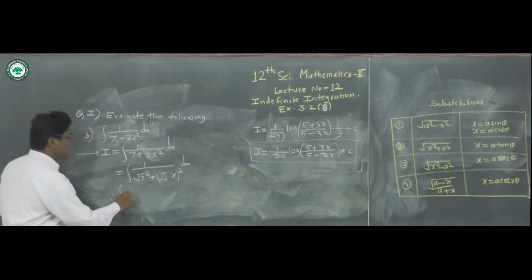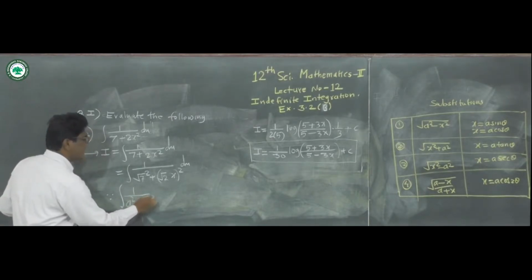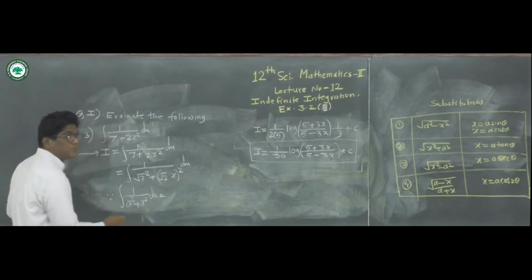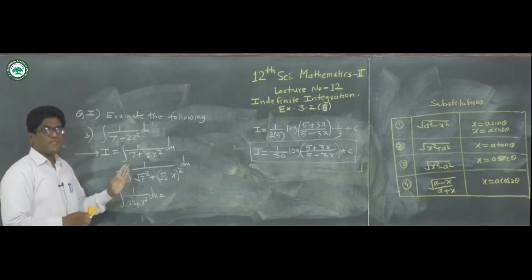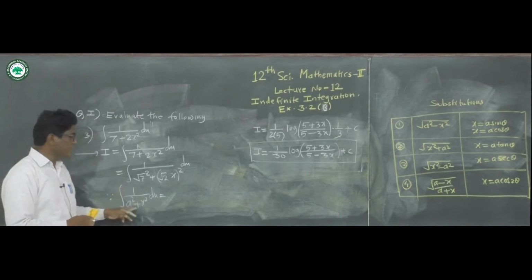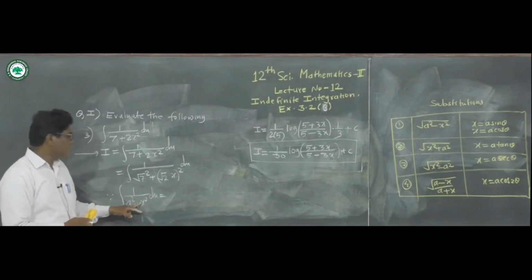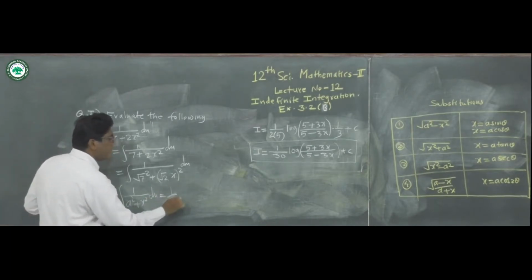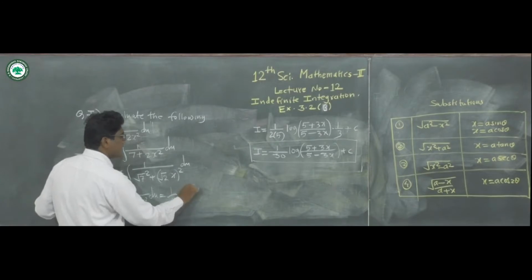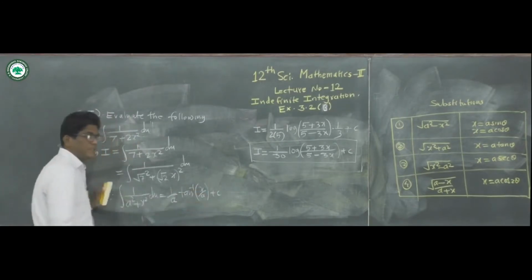Integration of 1 upon a square plus x square dx is equal to the first formula. Whether it is 1 upon x square plus a square or 1 upon a square plus x square, we use the formula as 1 upon a into tan inverse of x upon a plus constant of integration.